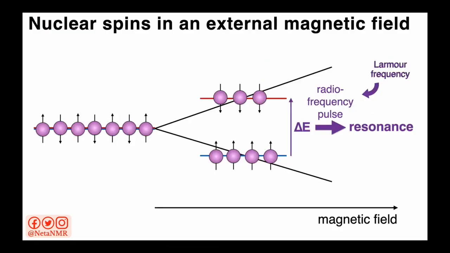When we send radio frequency pulses to the sample, if the frequency of these pulses matches the Larmor frequency, so the energy of those pulses is equal to the energy difference between the parallel and the antiparallel state, then we have the phenomenon of resonance. Then we'll have a transition of a spin from the lower energy state to the higher energy state.